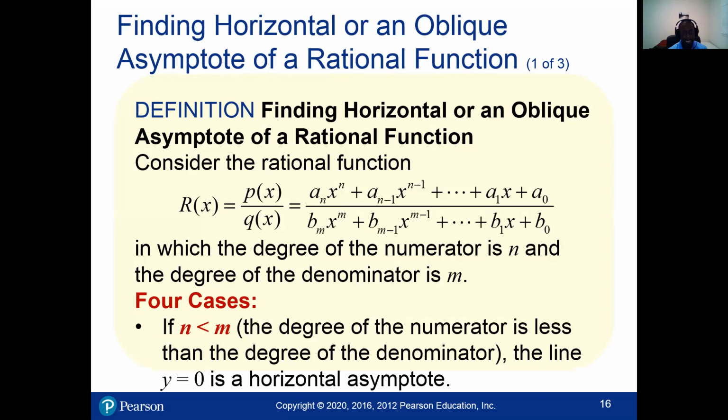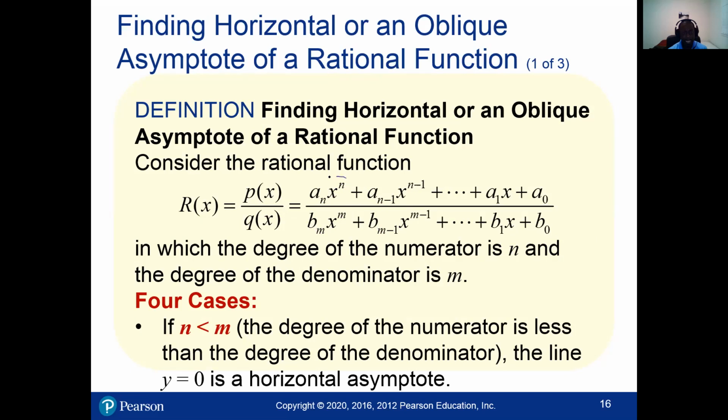All right, so you have the rational function where p of x is expressed as a_n x^n, in that form, and then q of x is another polynomial, b_m x^m plus b_(m-1) x^(m-1) and so on.